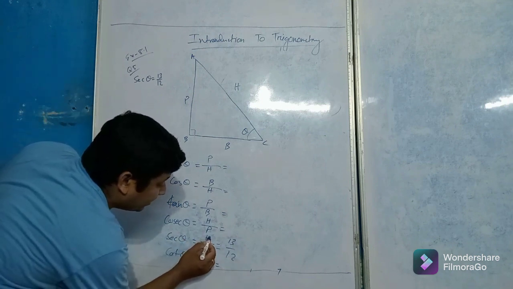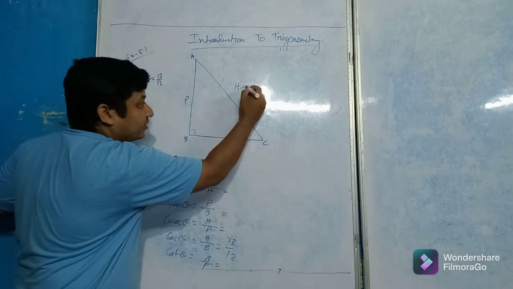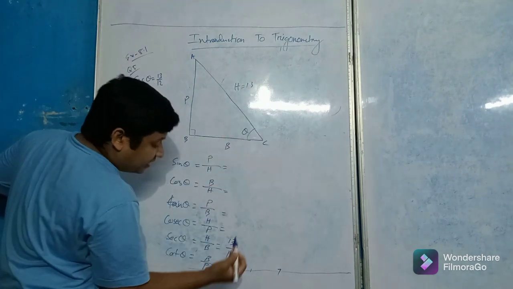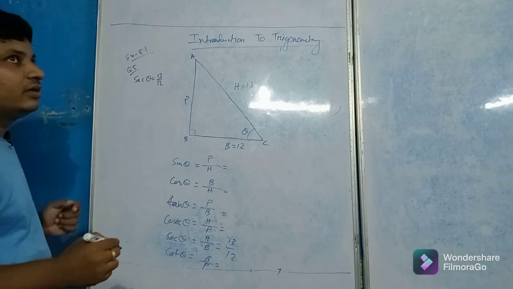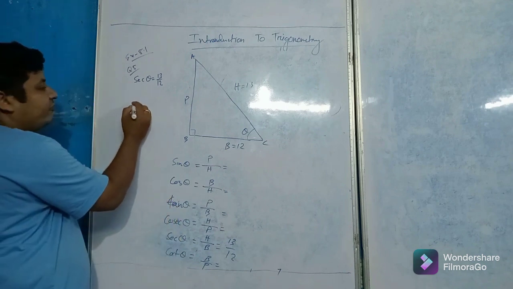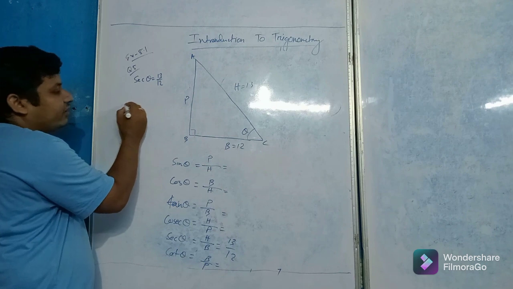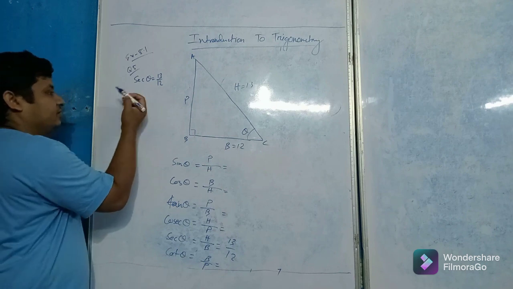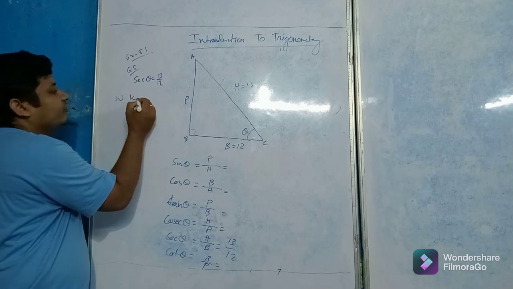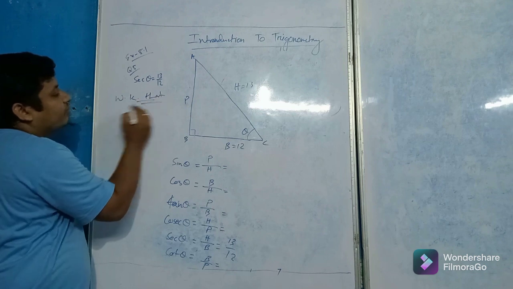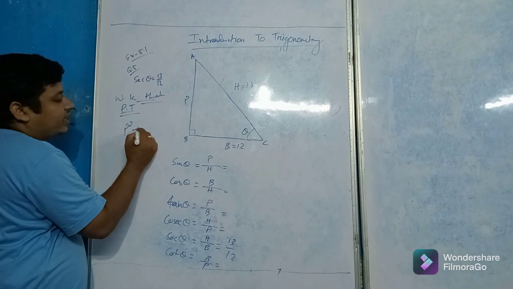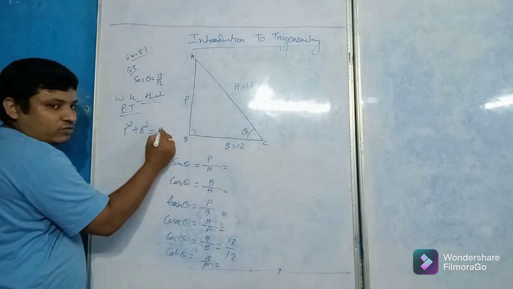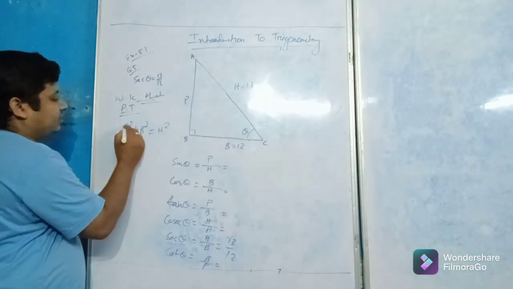Now you compare, h has been given 13, b has been given 12. Now you need to find out perpendicular. How will we find out perpendicular? I had given from Pythagoras theorem. We know that from Pythagoras theorem we have p square plus b square equals to h square.